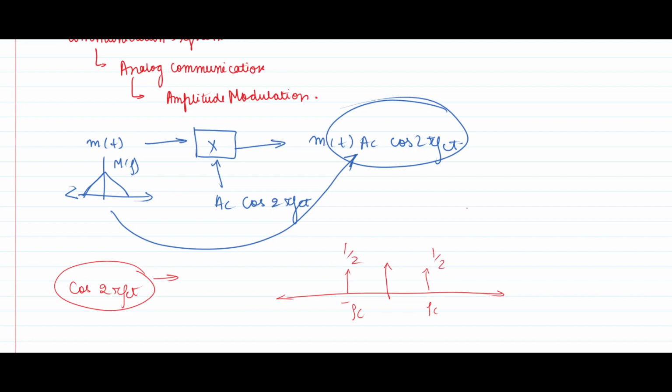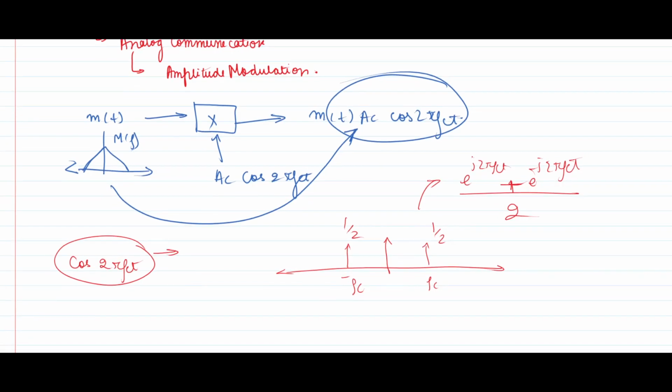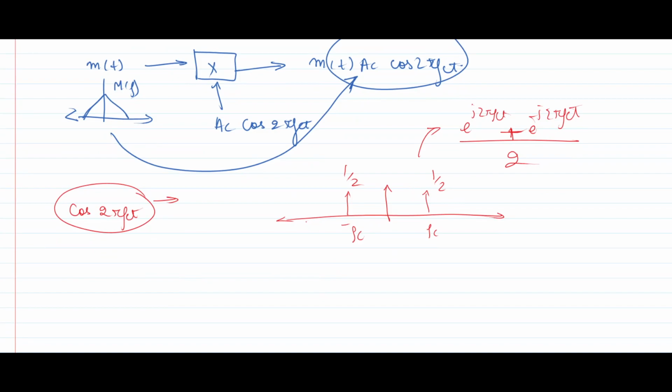If you want to find the reason for it, it would be simply that cos 2 pi fct can be written as e to the power j 2 pi fct plus e to the power minus j 2 pi fct divided by 2. Take its Fourier transform, you will get this. Simple. But I am assuming that you have a basic knowledge. I'm only here to tell you the things that you will require for ISRO exams.